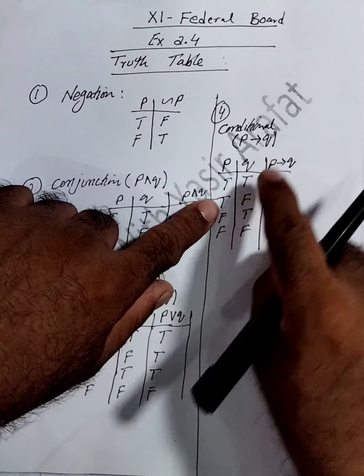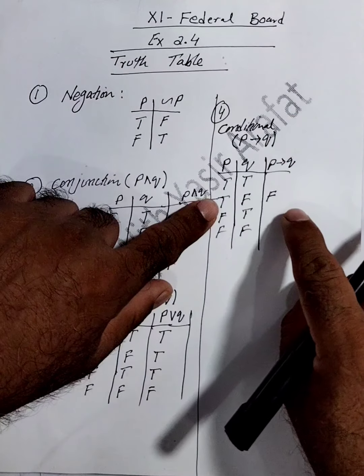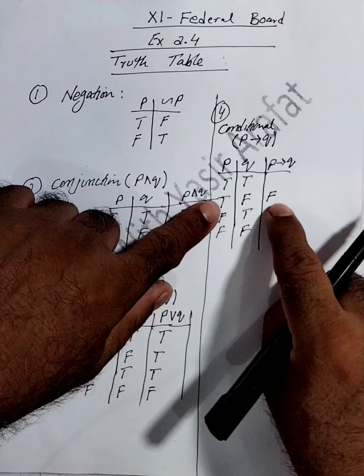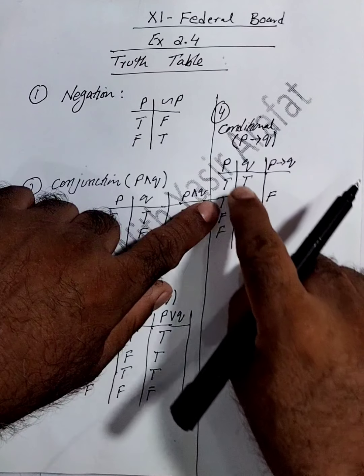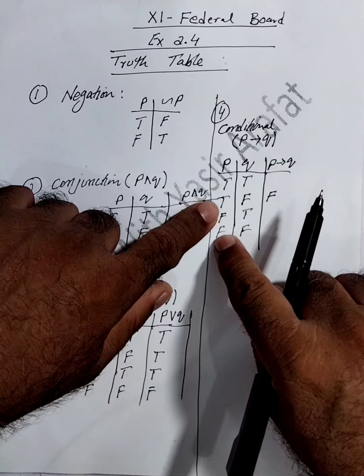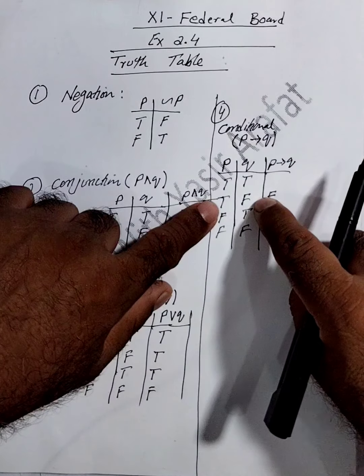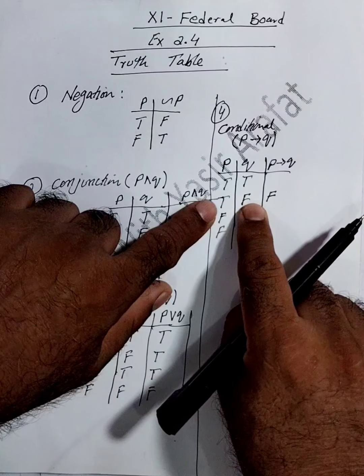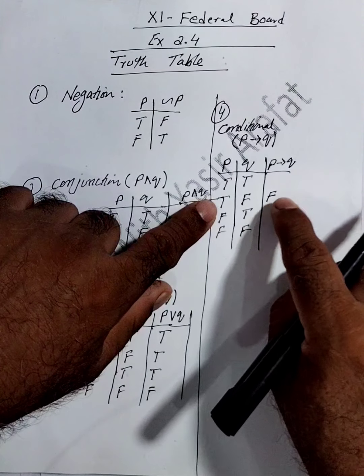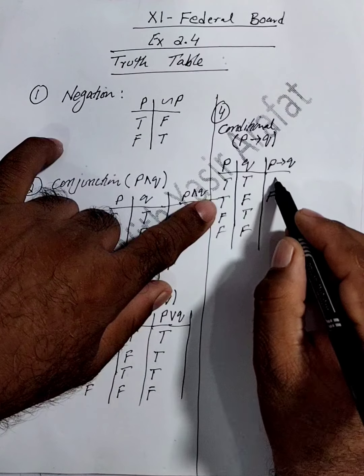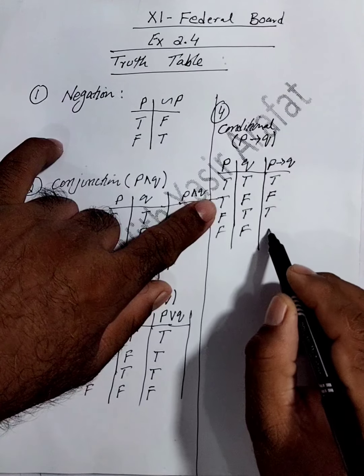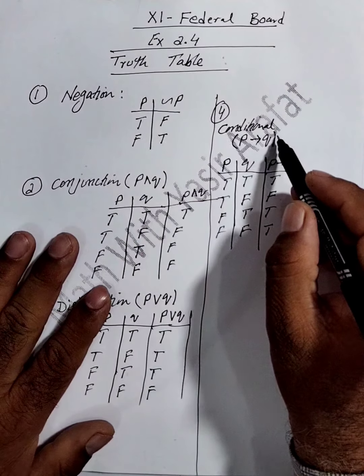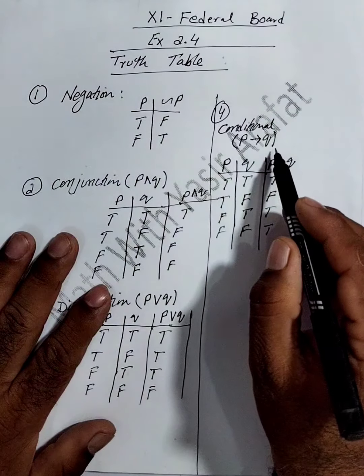Remember that, dear students, in conditional statement we have to remember the false condition. Antecedent means the first statement and the consequent means the second statement. If the first statement is true and the second statement is false, then the conditional statement will be false and the remaining all are true. So this is called conditional statement P then Q.